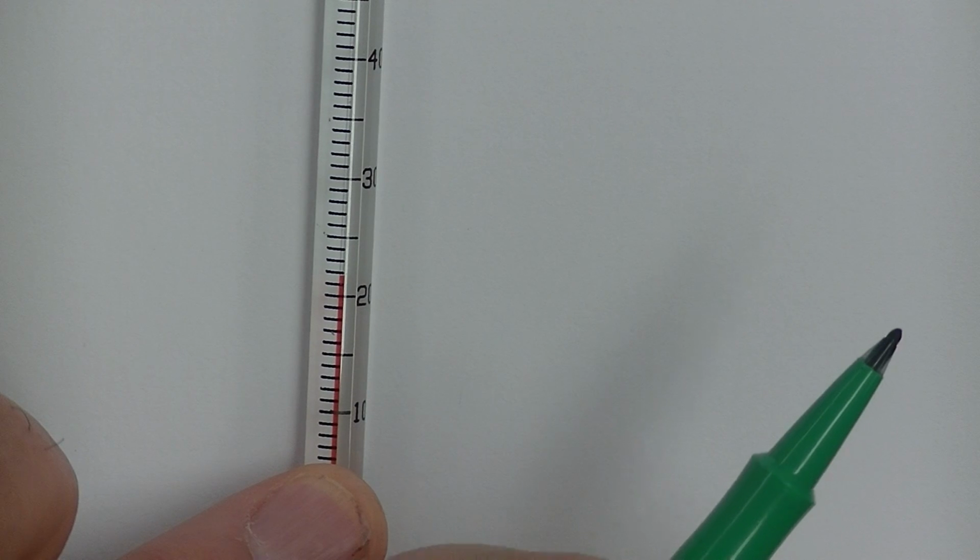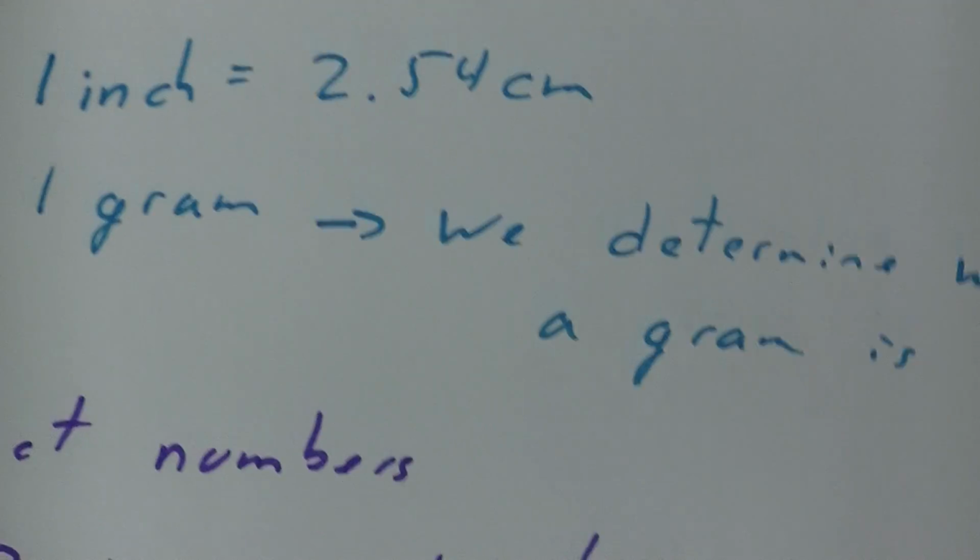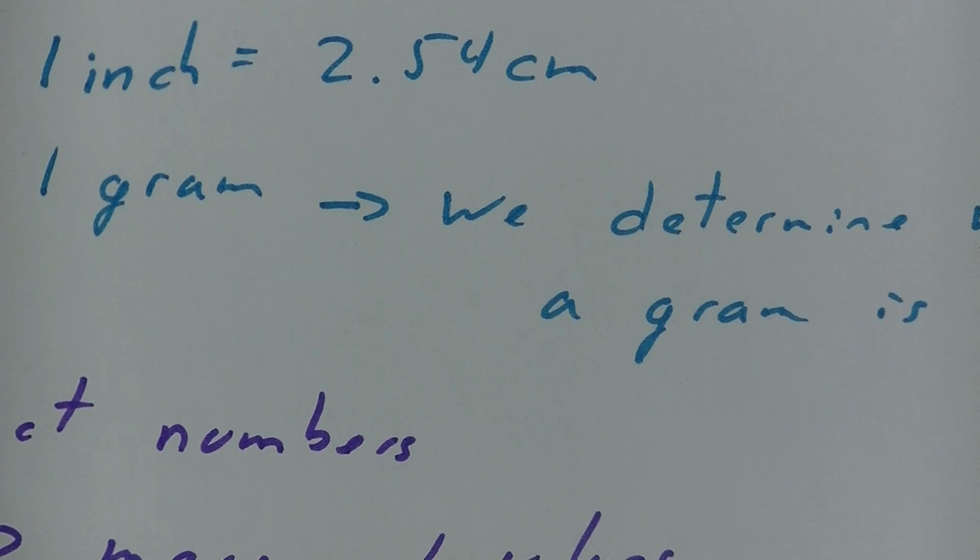So when we measure, you must always estimate one place beyond the scale. No matter what the measurement is, you always have to measure one digit beyond the scale. So since we're estimating, we're not exactly sure of that last digit.